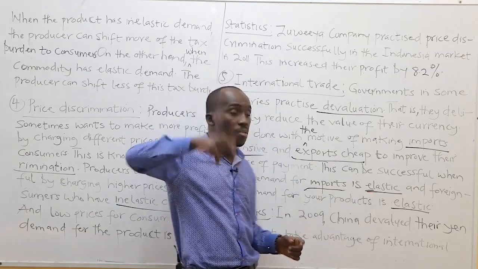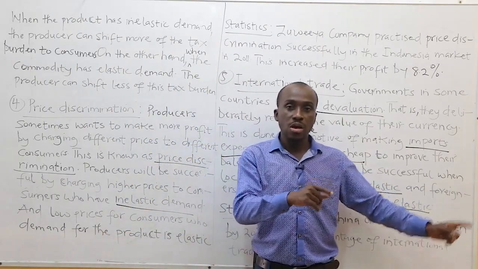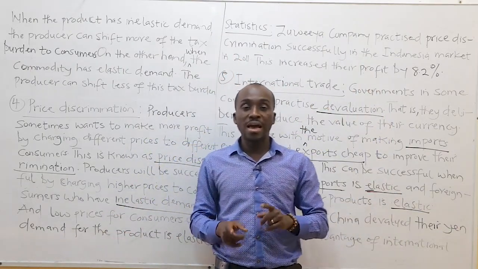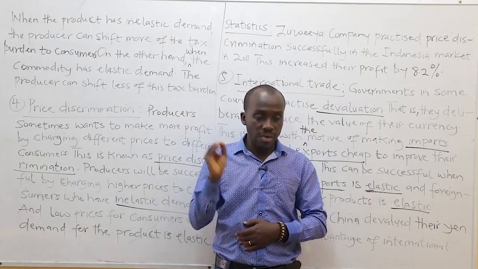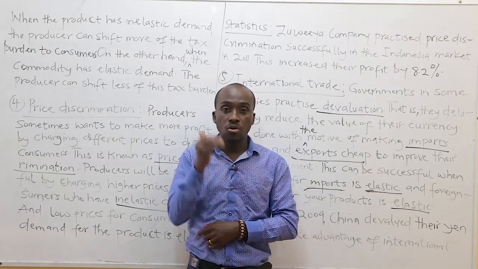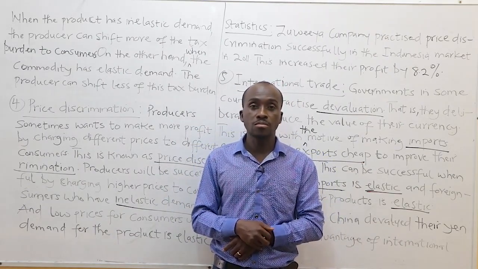And the foreigners' demand for your export should be what? Elastic, so that when it's cheap, they will switch to buy yours. If these two conditions hold, and also you are someone who produces a lot and exports, then practicing this in international trade will be successful. Anything short of that will not give you that propitious outcome.